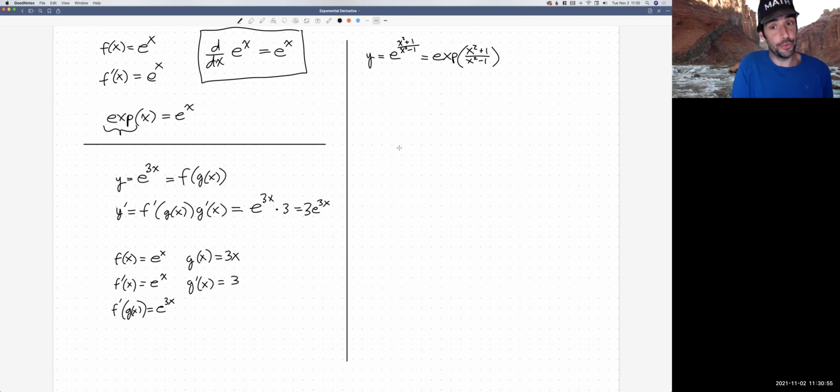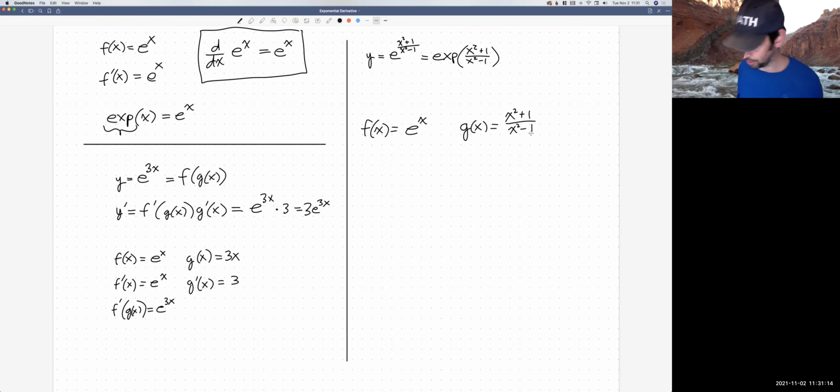Well, we might want the derivative of this again. So in a similar way as before, I'm going to use the chain rule. And this time I'll stick with e to the x for my f function, and g of x is now this much more complicated function, x squared plus 1 over x squared minus 1.